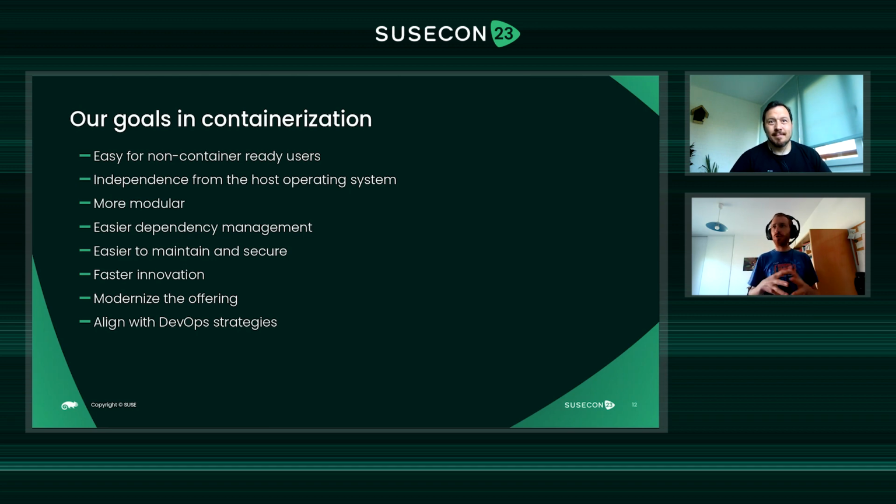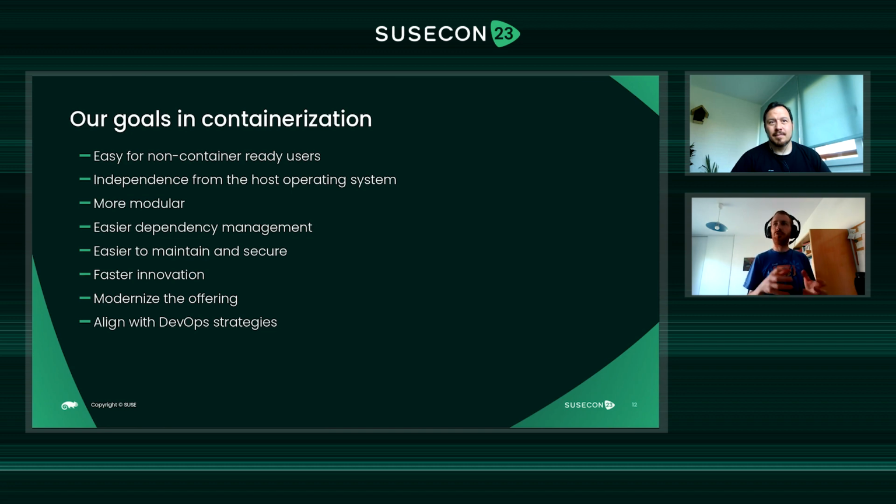We also want to go towards more modularity. Containers will not make everything modular, but at least some part of it. It's a way towards it. And we also want to move towards more maintainable and secure code.